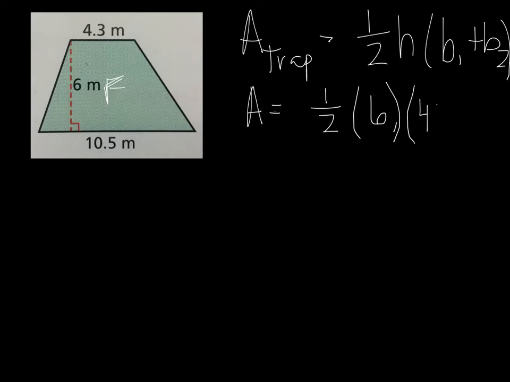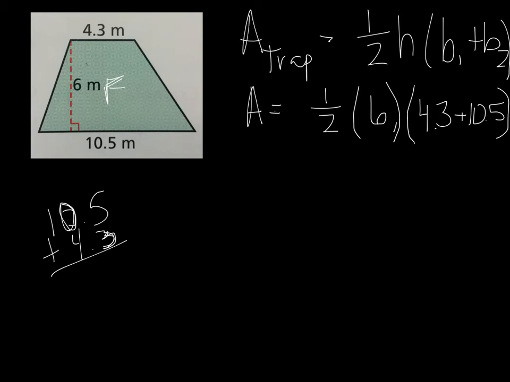So 4 and 3/10 plus 10 and 5/10 together. So now off to the side, I'm going to add my 10 and 5/10 plus 4 and 3/10. Sorry, you guys, I have my old stylus, so it doesn't quite work as good as my other one.